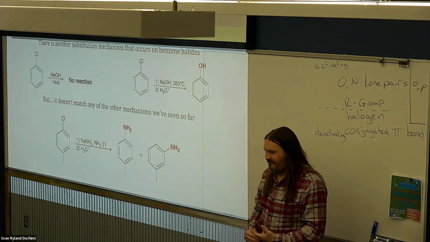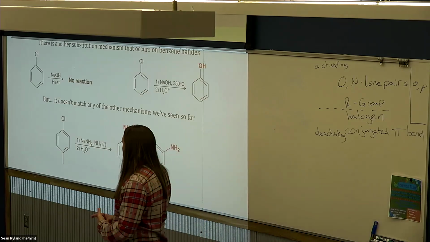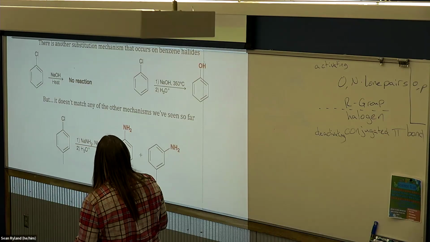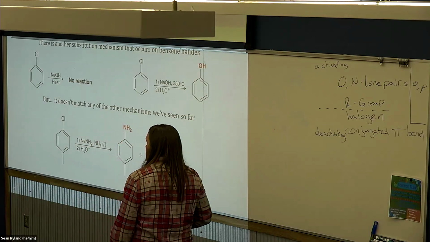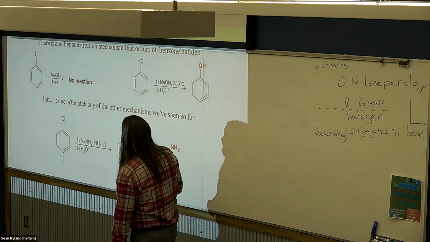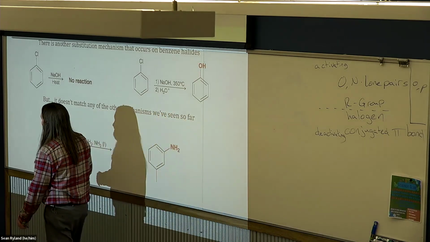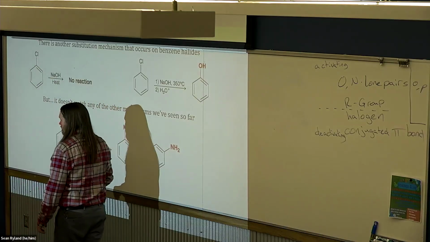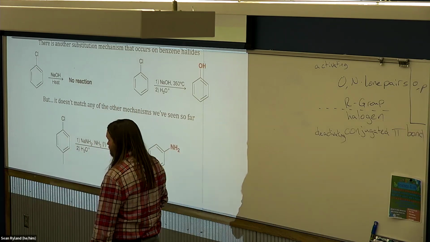All right, last mechanism for this chapter. This one's called elimination addition. So it's a similar net result to our nucleophilic aromatic substitution. It allows us to replace a chloride or a halogen with a nucleophile.